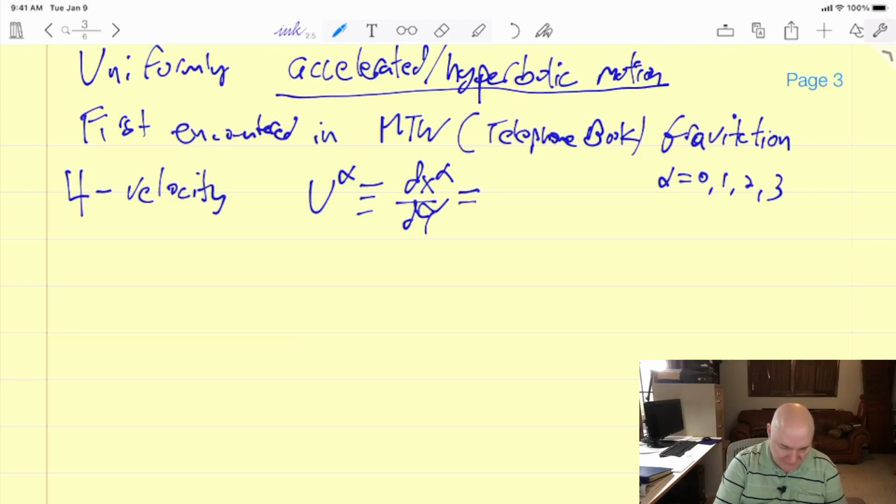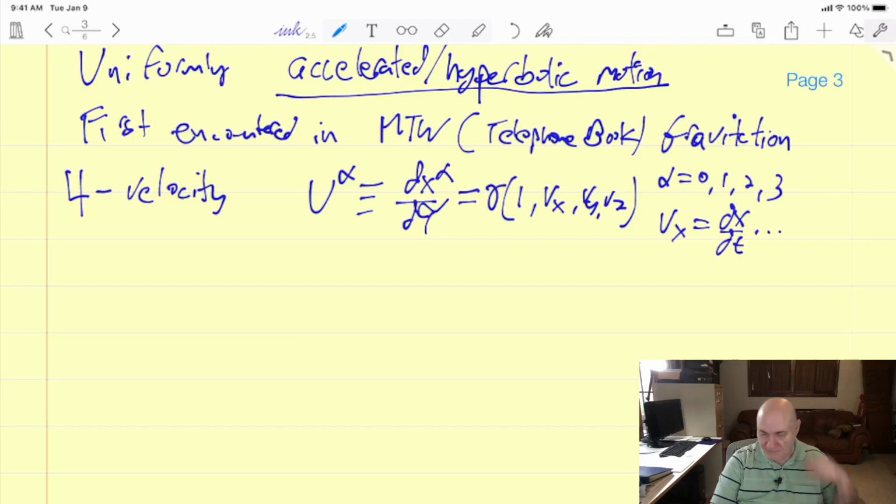And if I were to write its components out and sort of bastardize the covariant notation, it would be something like gamma times 1 comma vx comma vy comma vz. And here we would define vx equal dx/dt. These are the components of the velocity, dy/dt for vy, and dz/dt for vz. These are not covariant because we have t. I mean, we don't have tau.